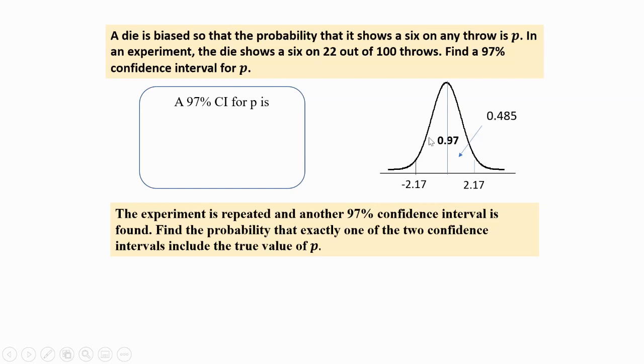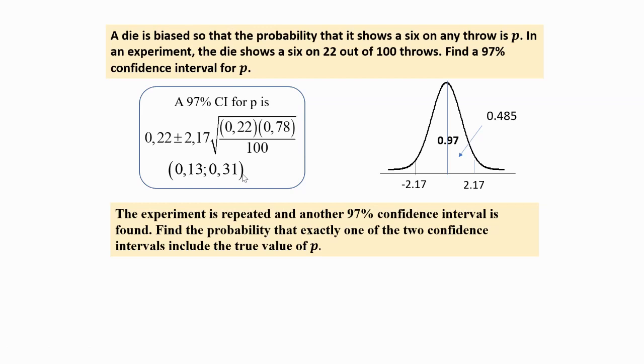We've got a halfway point, 97 is 0.485, and a Z score of 2.17. So we can put this in, and that's pretty easy, and I'm going to get a nice interval, which is 0.13 to 0.31.